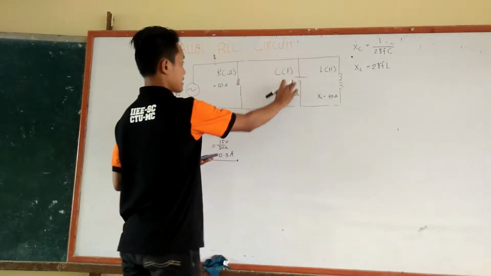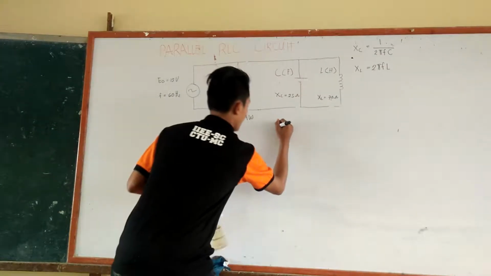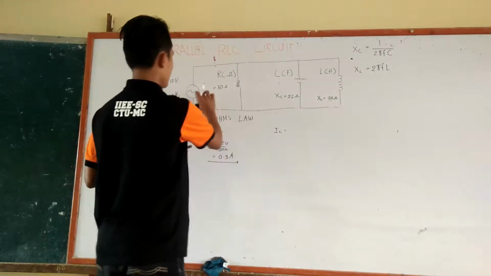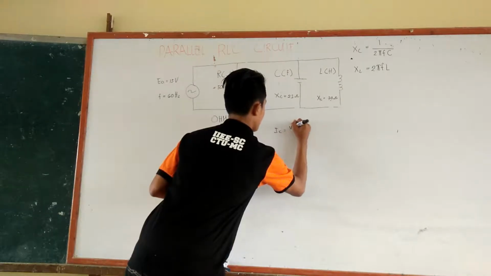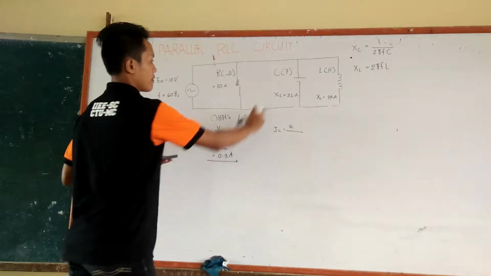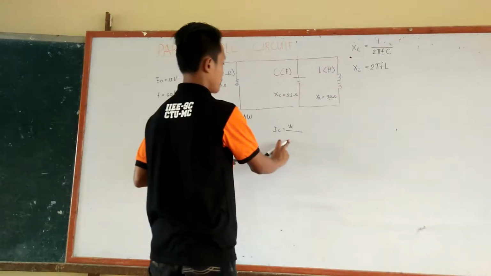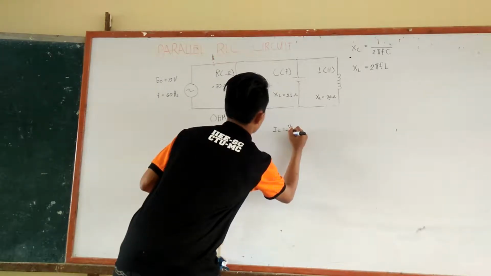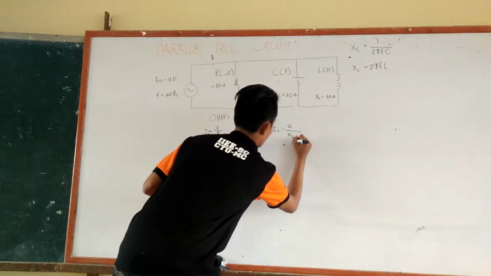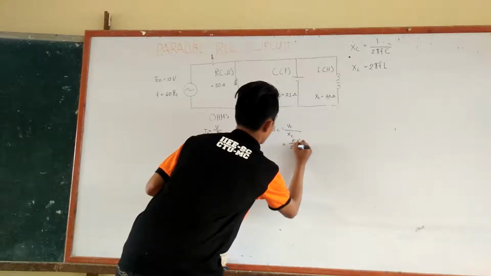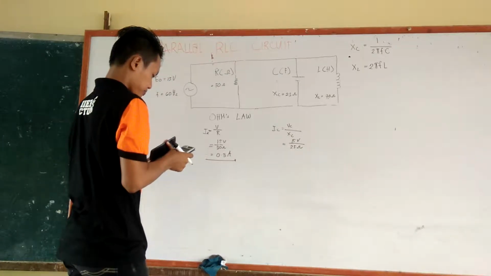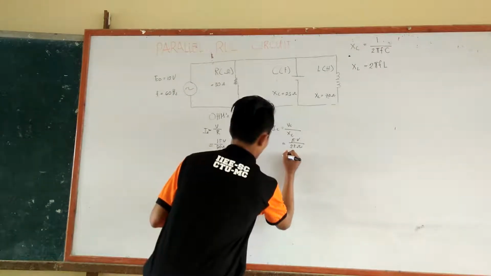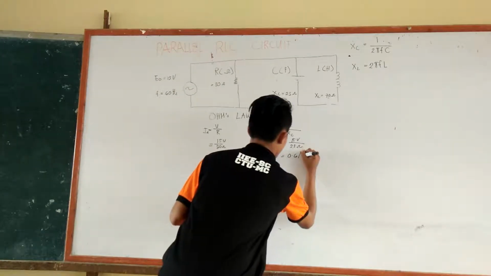Now, here in the capacitor, we can solve the current. I sub C is equal to the voltage drop here, V sub C, over the capacitive reactance, because we need resistance to solve the current. So over X sub C should be 15 volts over 25 ohms, and equal to 0.6 amperes.